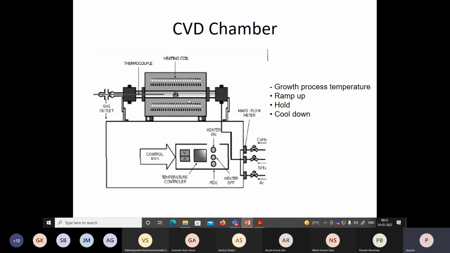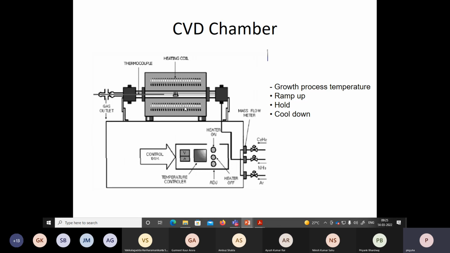On that wafer we deposit a metal coating, for example either iron or nickel or cobalt. That metal coating we need to heat up. So you see this is a heating chamber. Inside the heating chamber we keep the wafer or the substrate coated with iron, nickel or cobalt. Those are basically catalysts or a combination of those.